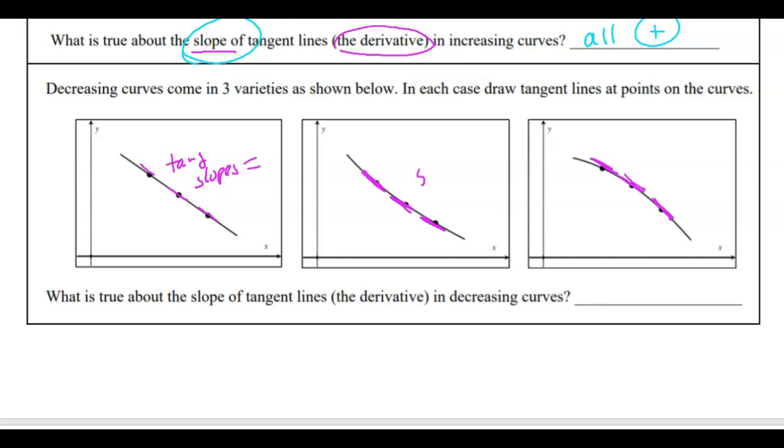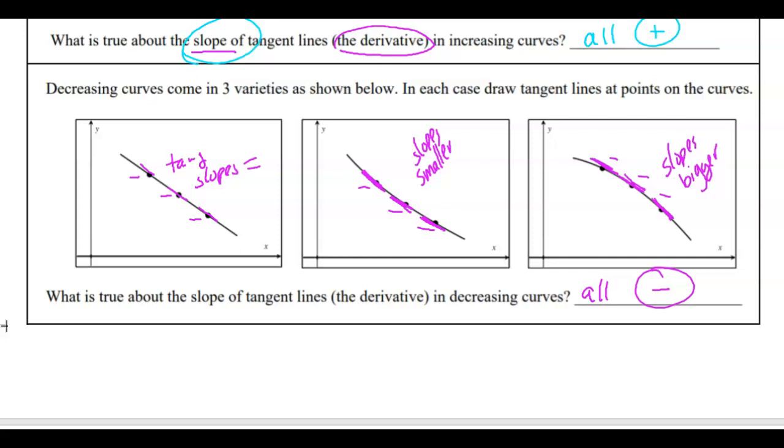So these are getting smaller slopes, and these slopes are getting bigger, not by much. Once again, our patterns aren't the same, but if we look at the actual value, keeping it simple, because they're going from left to right, they're going down, these are all negative slopes.